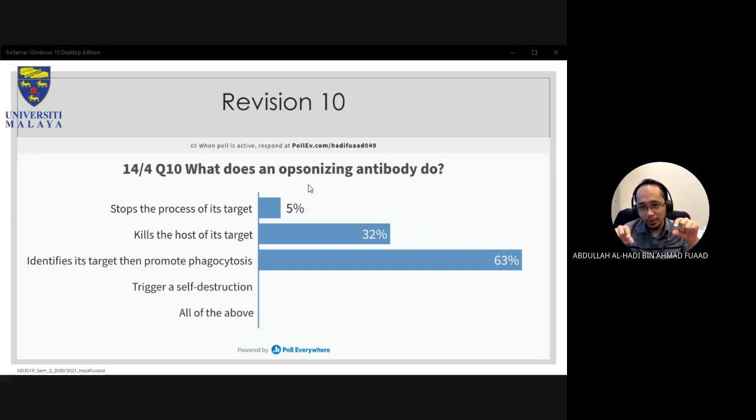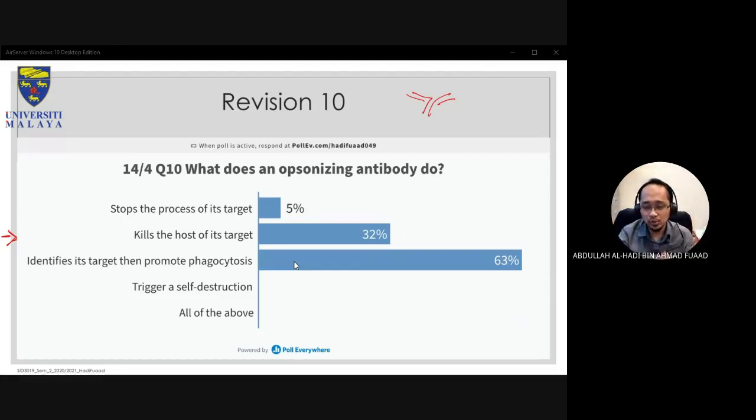One is neutralizing antibody, the other one is opsonizing antibody. So opsonizing antibody kills the host of its target. Okay, what do I mean by its target? Is an antibody.